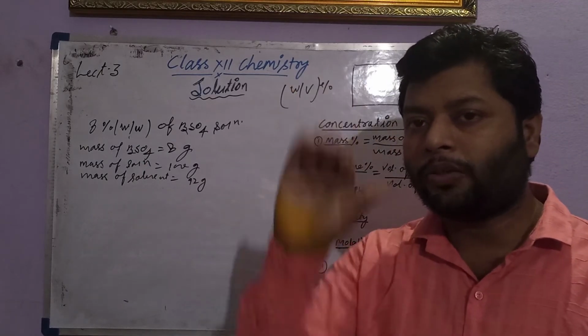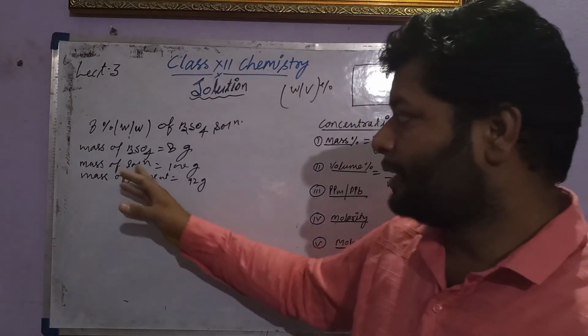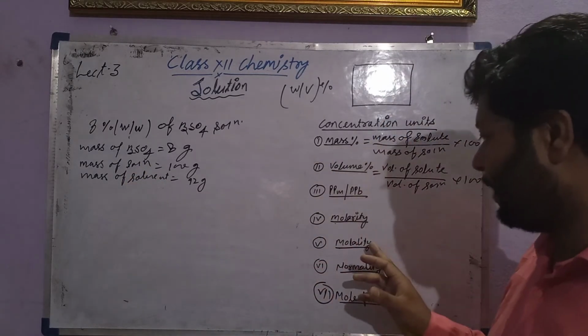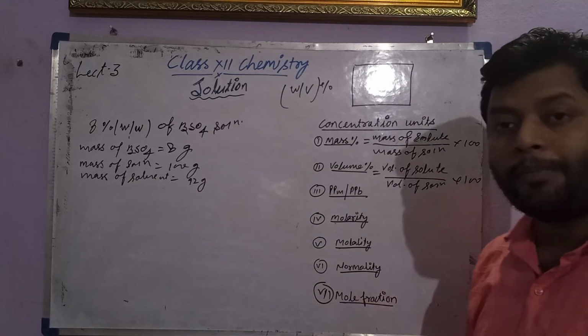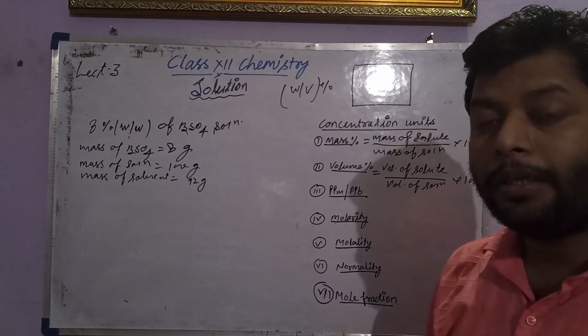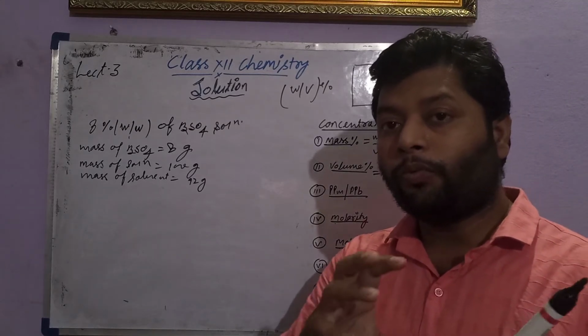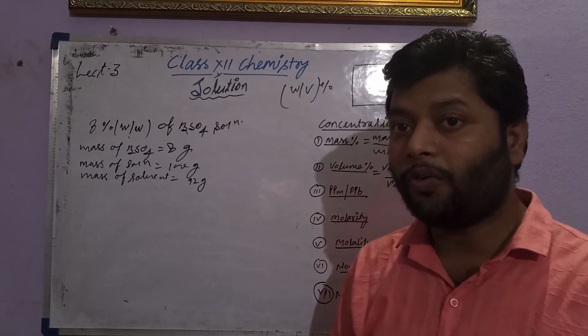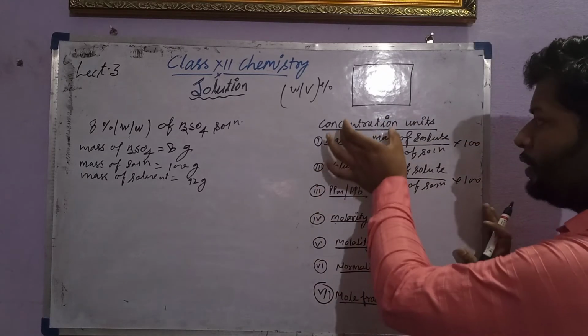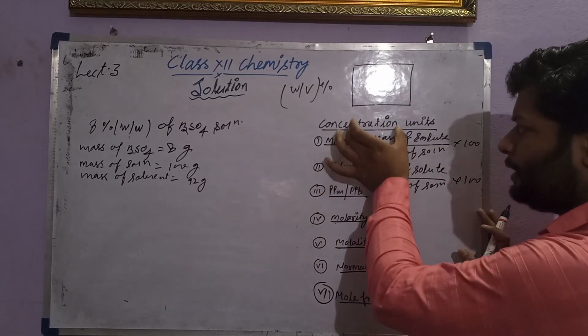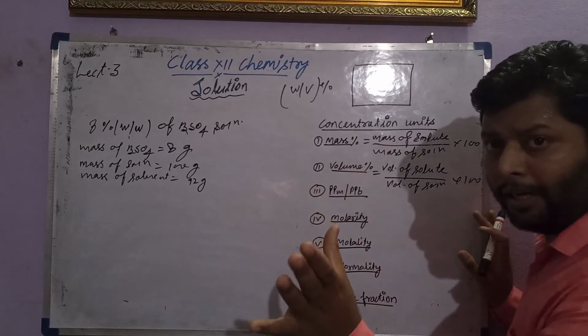Density equals mass upon volume. We have the mass of solution, and for molarity we have to go with the volume of solution.